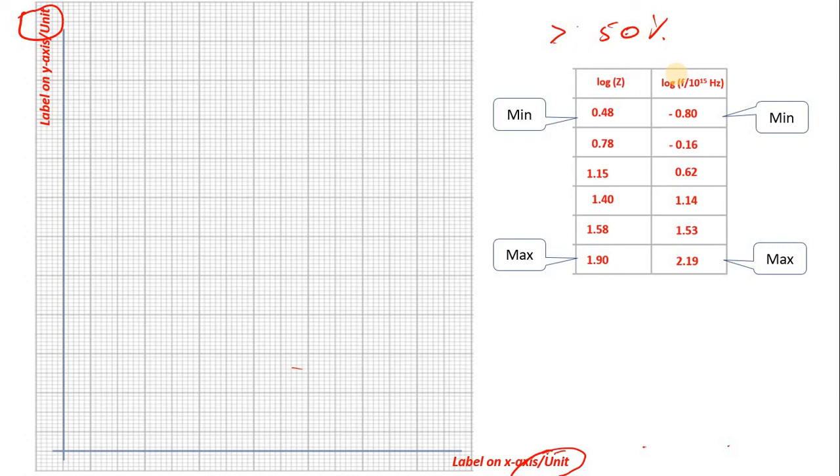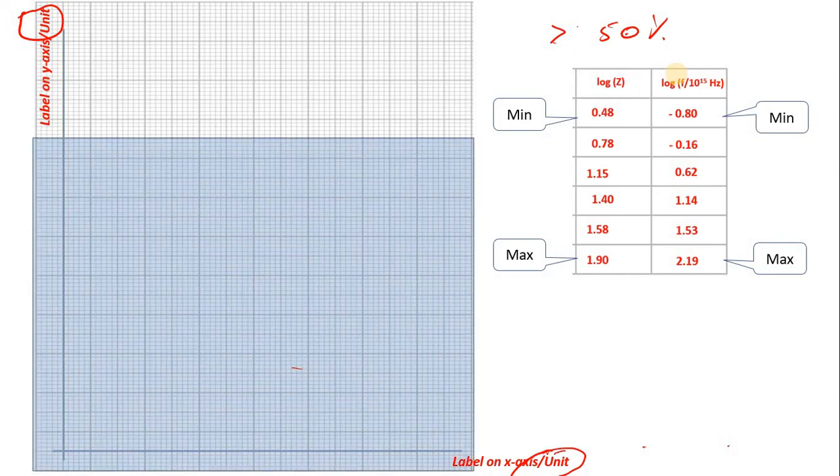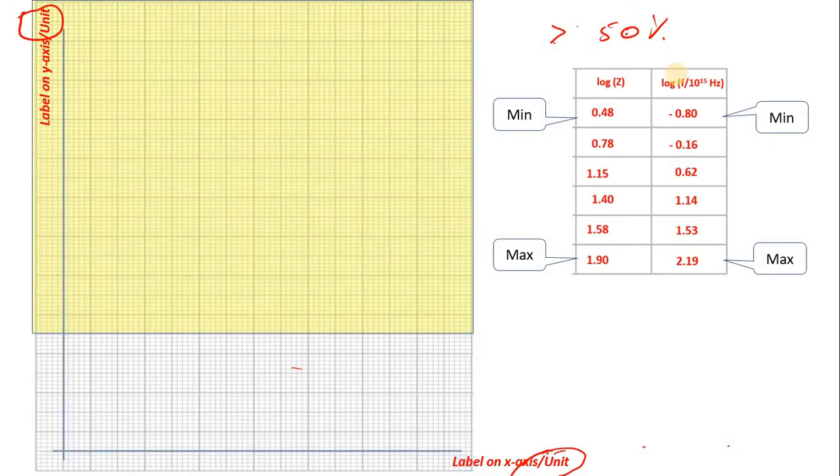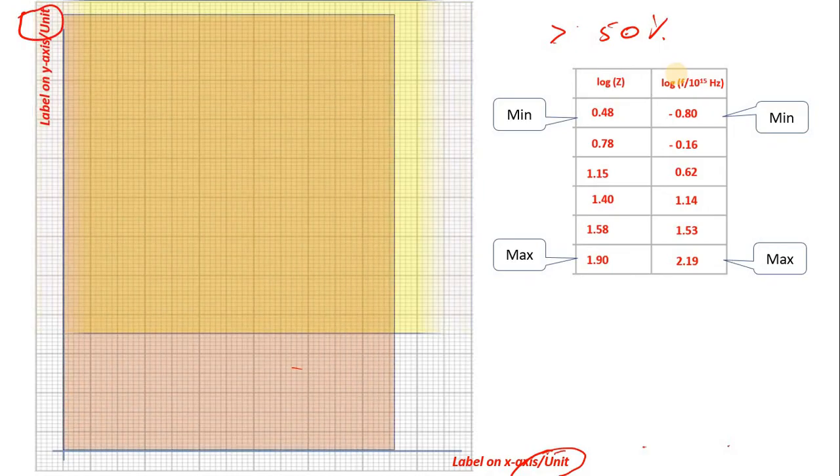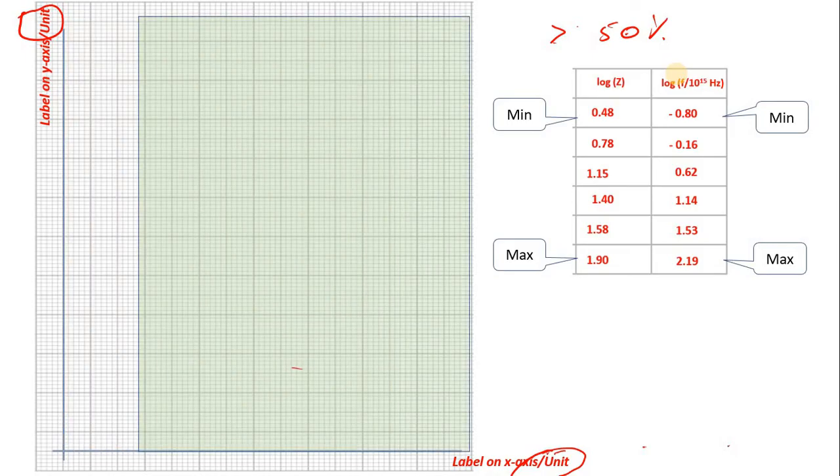Meaning your graph should be covering, as per the graph that I gave you here, more than half from the bottom or more than half from the top. The shaded yellow region must be covered. If you cover this, it will be acceptable. Or from the left side, this is the more than 50% region, or from the right side, it depends on the values given.